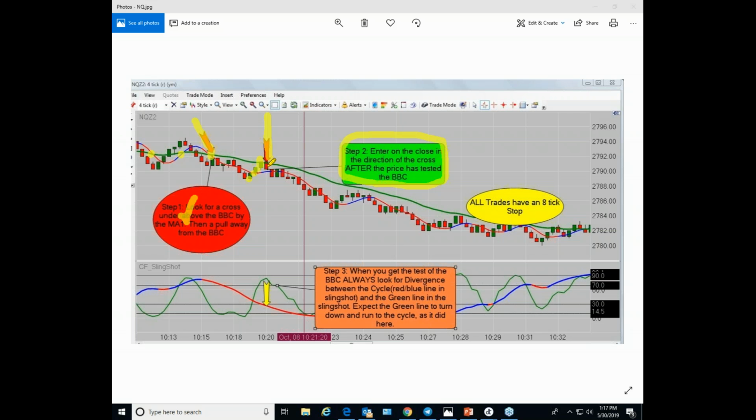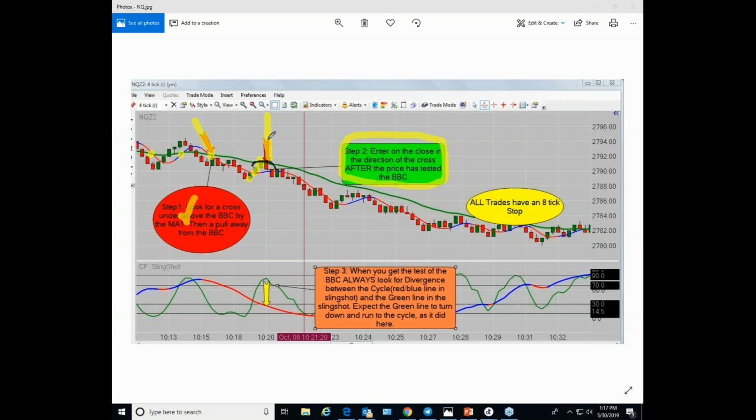If we have a bullish cross, we would still look for a pullback to the BBC, but we'd be looking for an up close, a blue candle or a green candle. No, we're not selling right against the green line. We're not placing an order here.